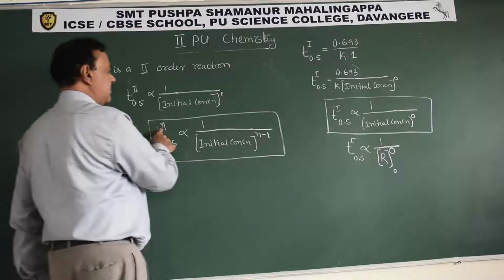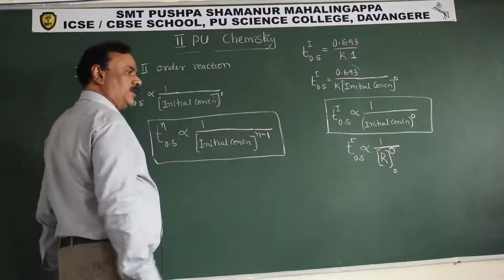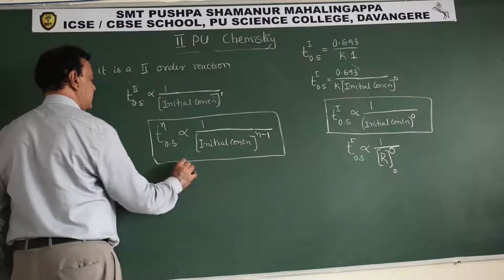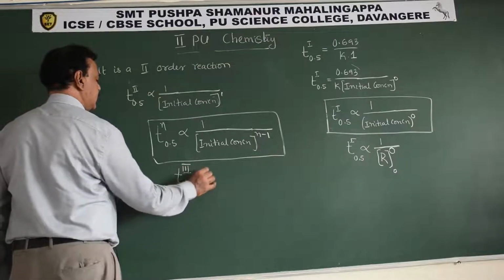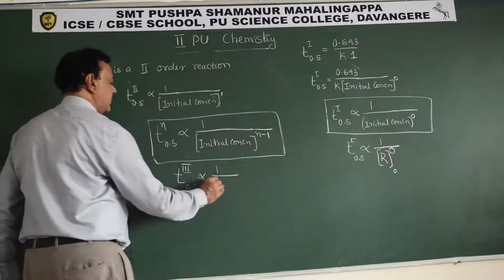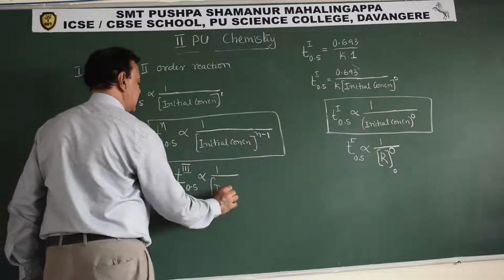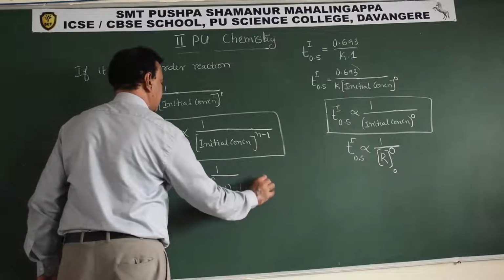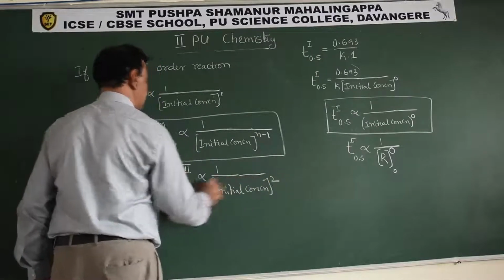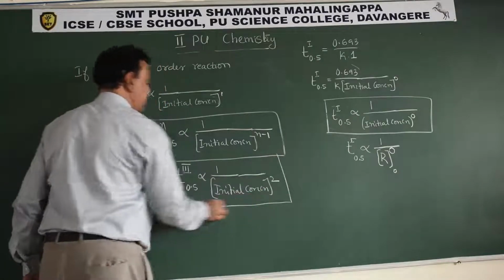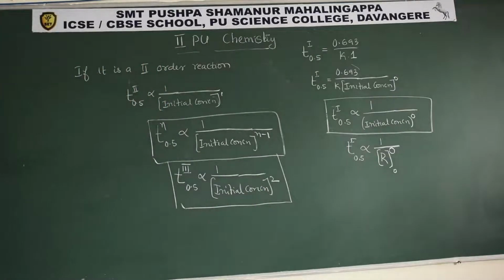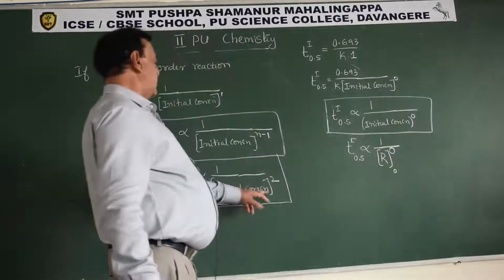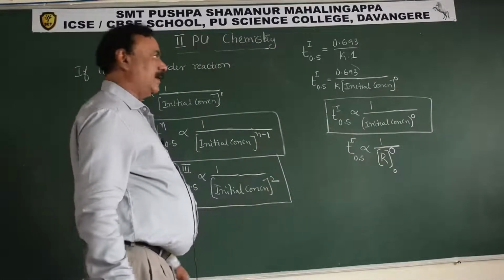For a third order reaction, it is inversely proportional to the square of the initial concentration of the reactant. If the initial concentration is represented by R0, then R0 to the power of 2 or R0 to the power of 1.